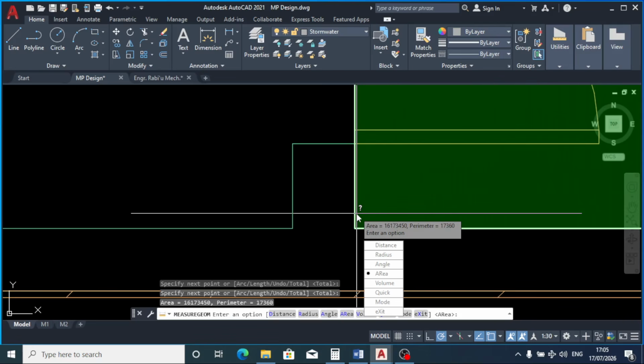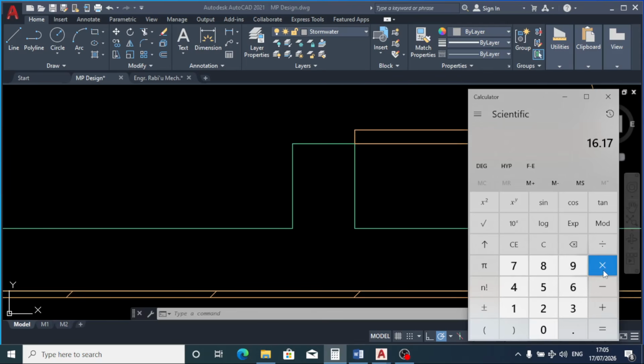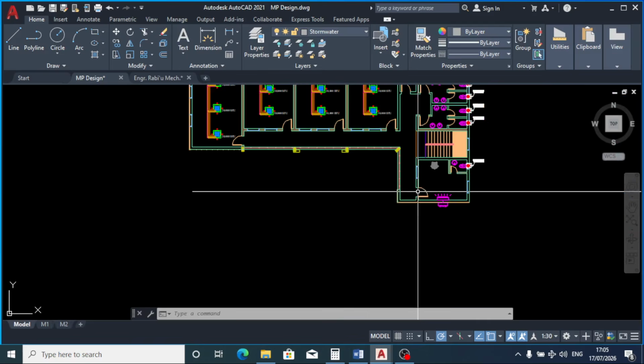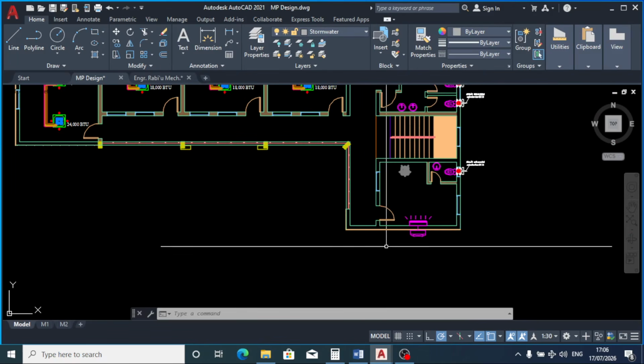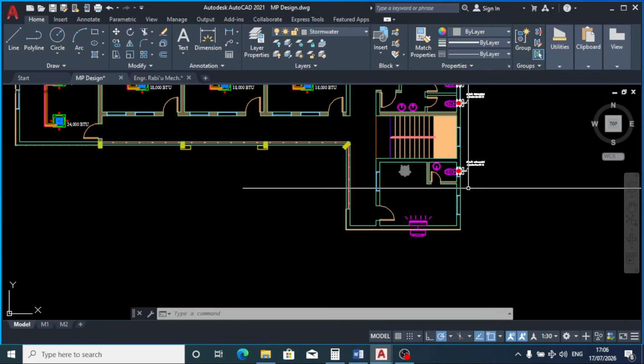So for this office we have 16.17 meters squared, multiplied by 1,785, which gives 28,863 BTU for this office, which is also reasonable because the south side is being exposed directly, as well as the east side.